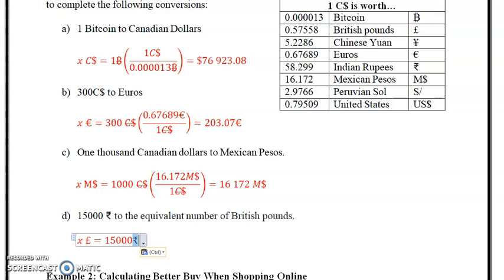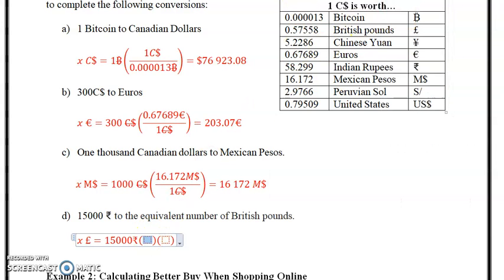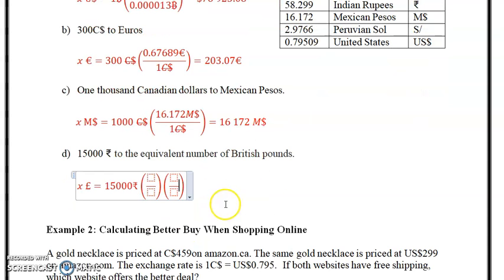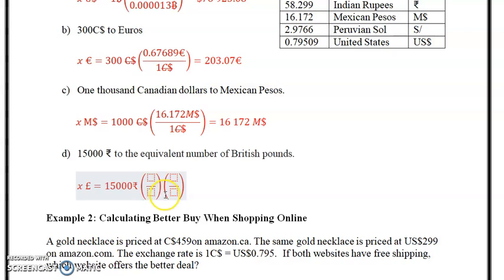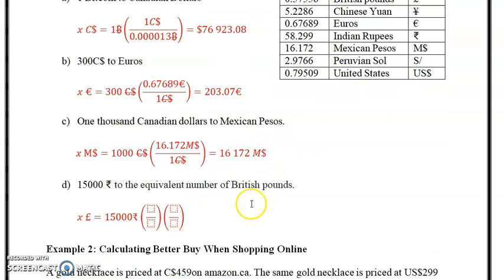All right, so this time I'm going to put 2 sets of brackets, and in each bracket I'm going to have a conversion factor, because you could go to the internet and get the conversion factor for sure, but just do it based on the information that you have been provided. All right, so we have to go to Canadian dollars first, because that's all the information we have.